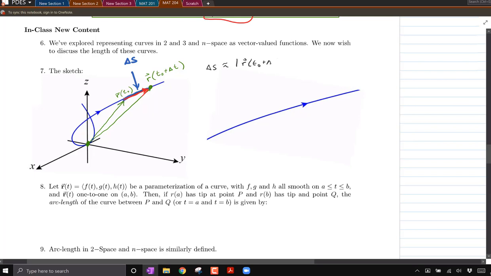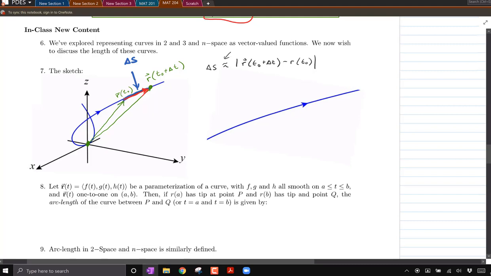So there we've got the magnitude of r of t naught plus delta t minus r of t naught. Okay. And that's going to give us the length of the red arrow there, which I'm arguing is approximately the length of that blue curve segment. Okay.